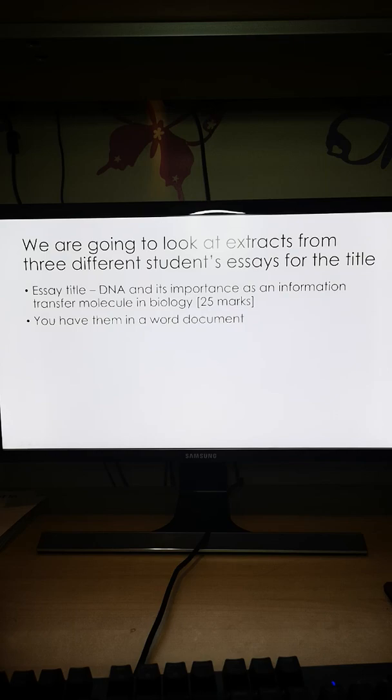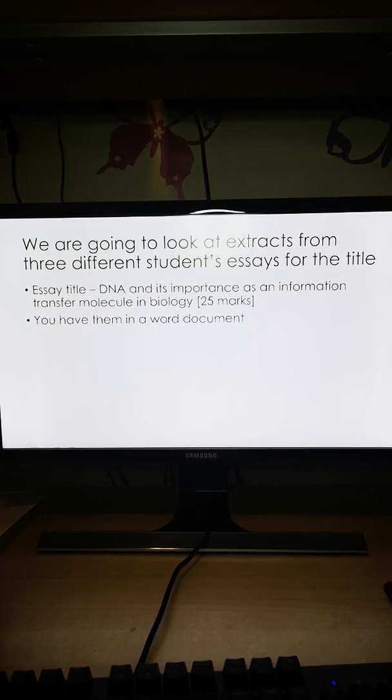Okay, so again, DNA working as an information transfer molecule. And they also may have talked about transfer to other humans through gene therapy, or to crop plants to increase their yield or make them heat resistant. Anyway, lots of different examples.